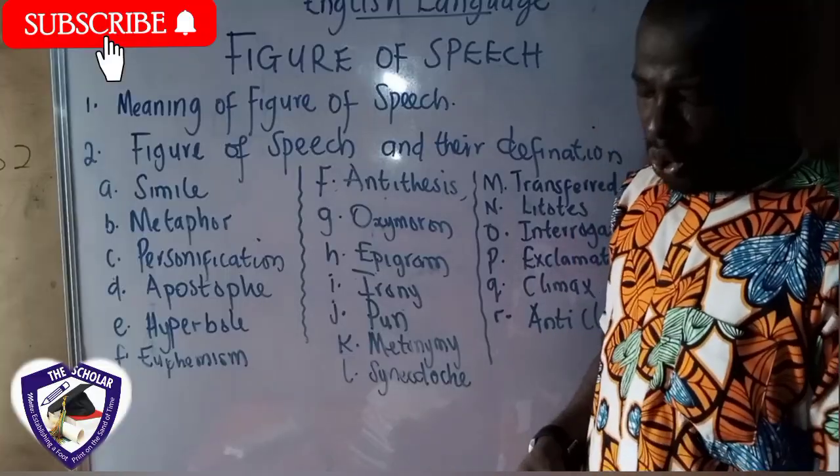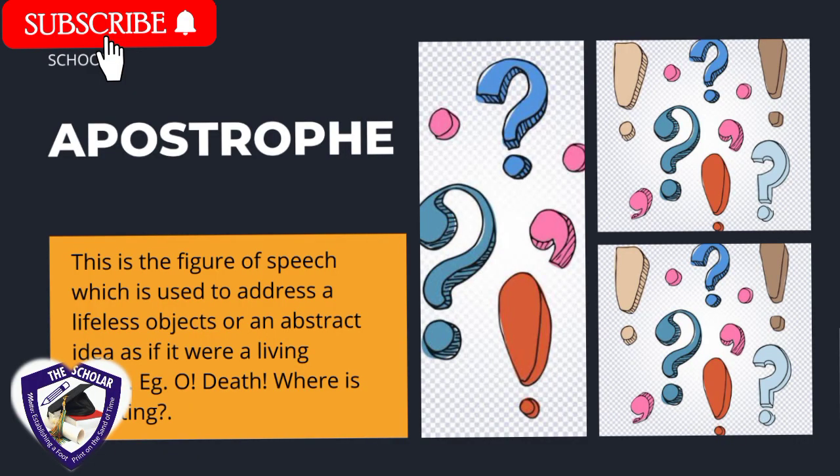Like if I say, oh, death, where is thy sting? Or where is your sting? So trying to address a lifeless object or an abstract idea as if it were a living thing.